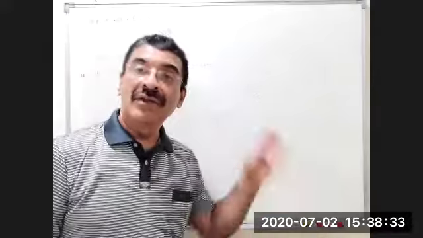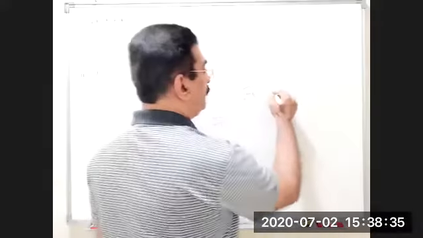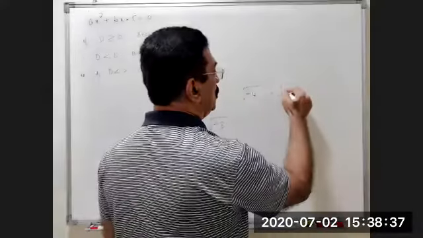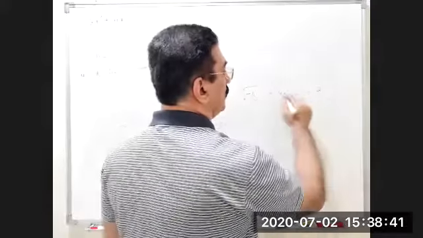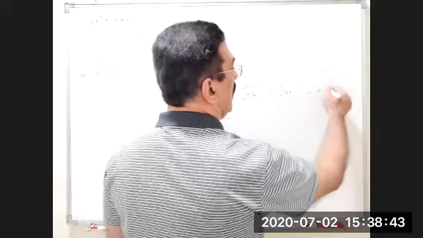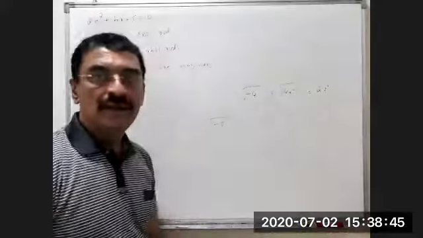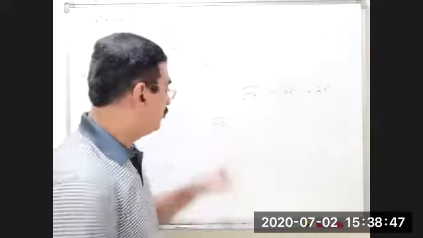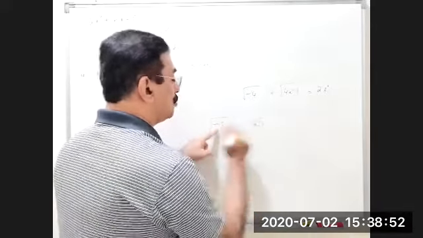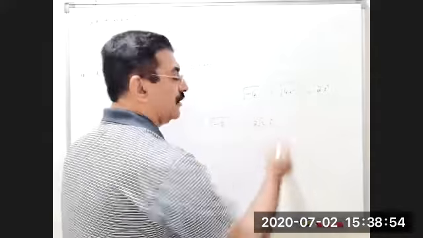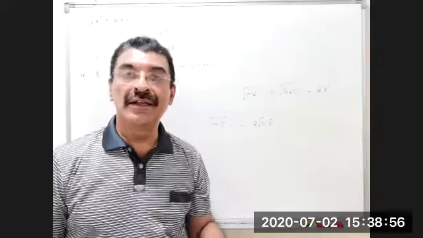This year we can find it. It's very easy. Minus 4 means root of 4 into minus 1. And root of 4 is 2. Root of minus 1 is i. So this one, root of 8 is 2 root 2, root of minus 1 is i. So it is nothing.